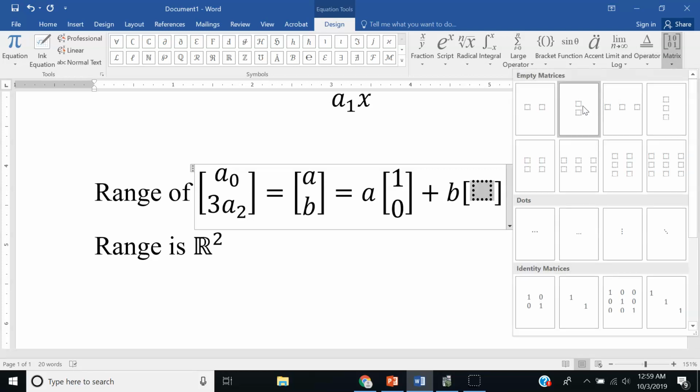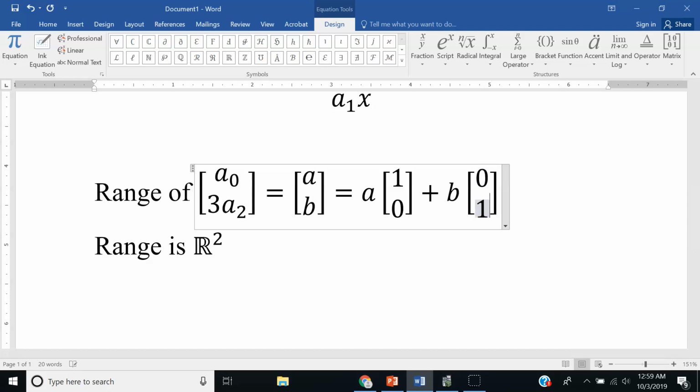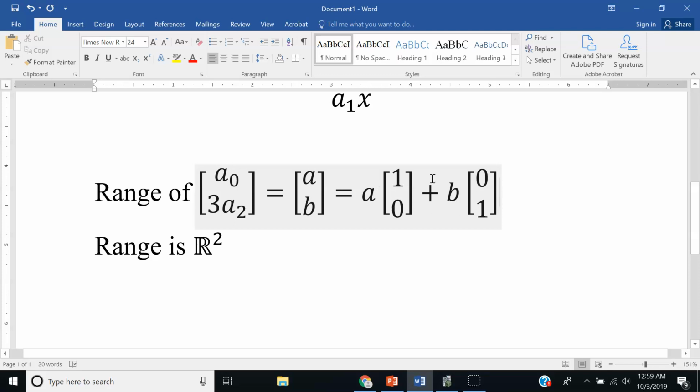Again, if you remember that from before. So any linear combination of the standard basis vectors from R2 is in the range, and that means that the range is the entirety of R2.